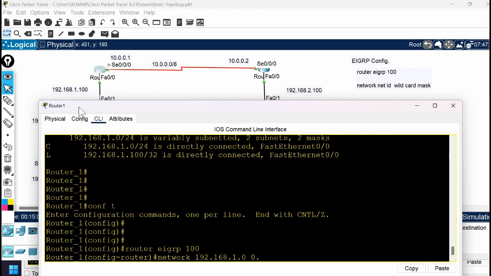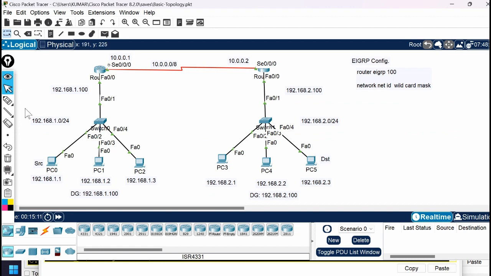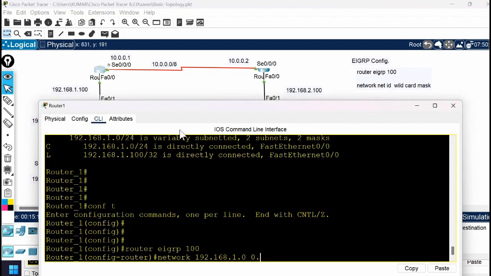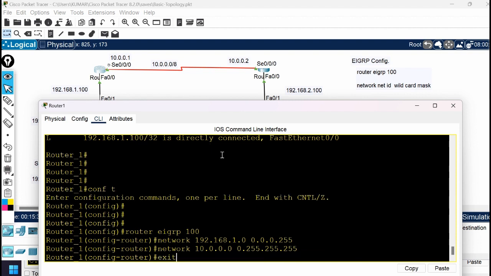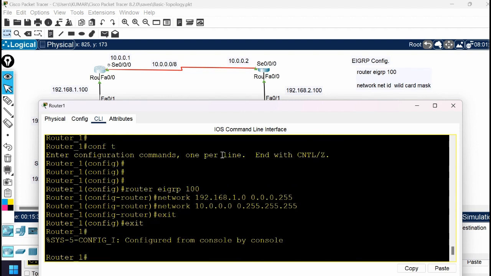It is basically your class C, which is /24, so the wildcard mask will be 0.0.0.255. Done. One more network we have is 10.0.0.0 and it is /8, so the wildcard mask will be 0.255.255.255. That's it.